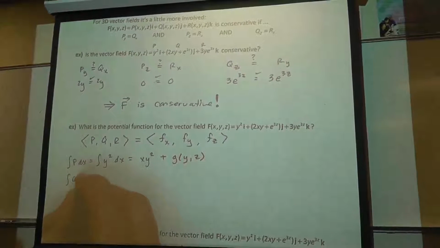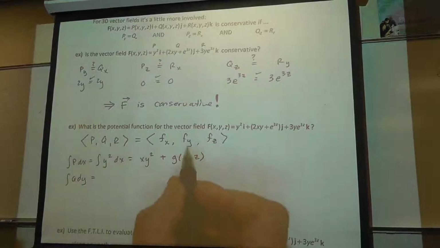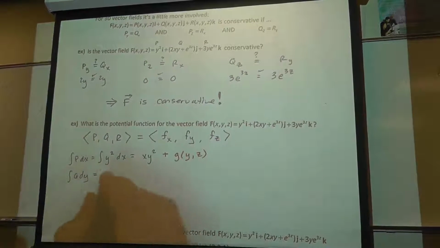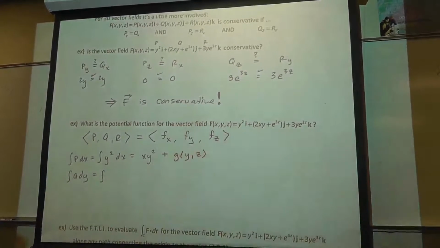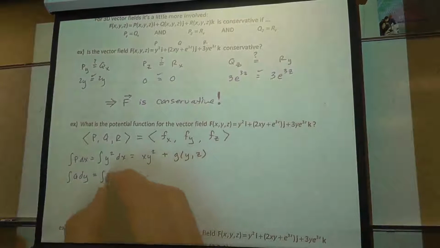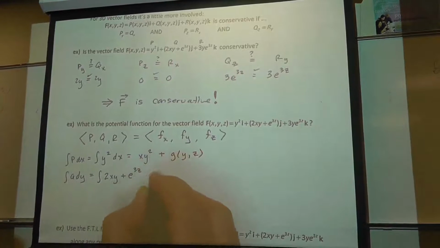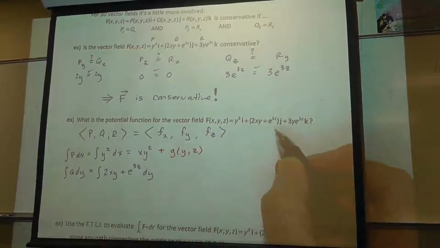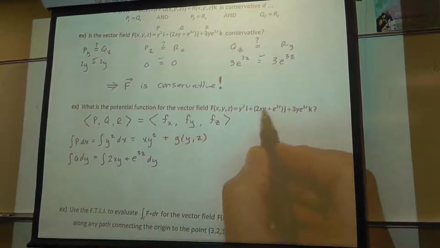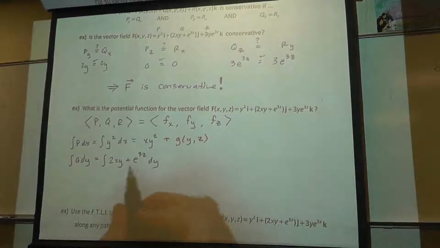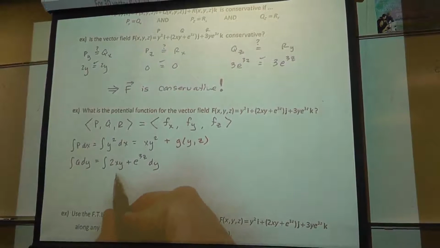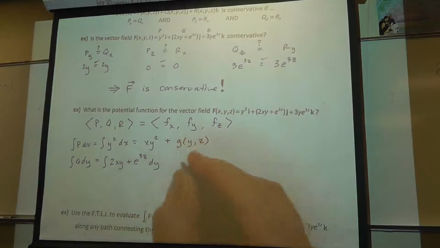So I integrate Q with respect to y now, and that'll do the anti-gradient from Q. So integrate, boom, there we go. 2xy plus e to the 3z with respect to y. So I've got a presence of y right there in that first part. That y should become half y squared, so that cuts the 2x in half.